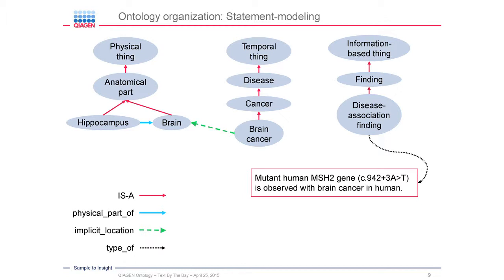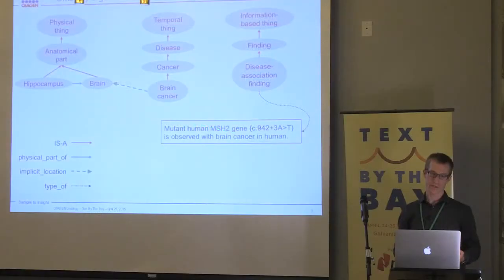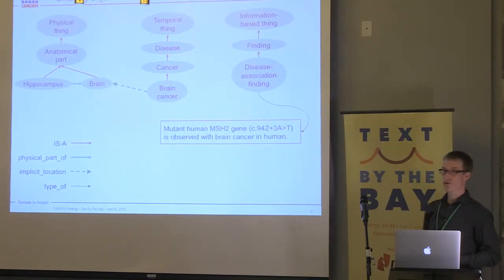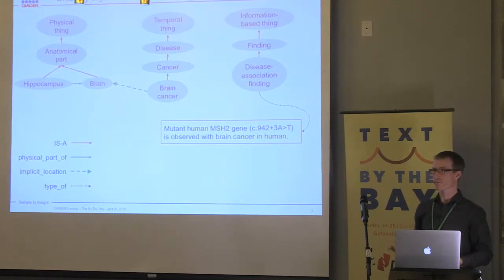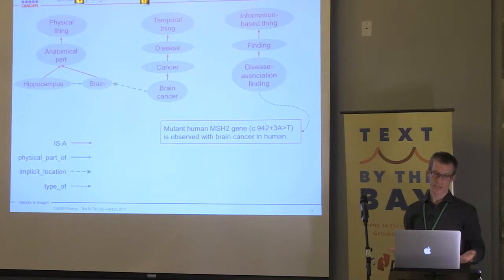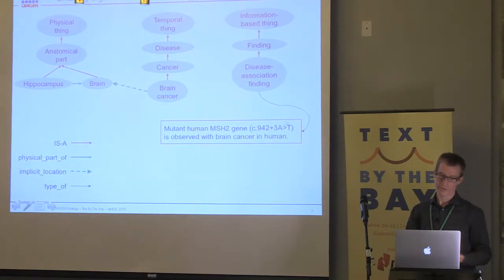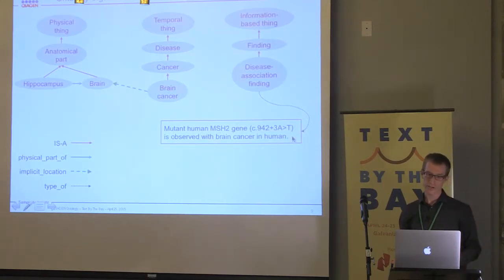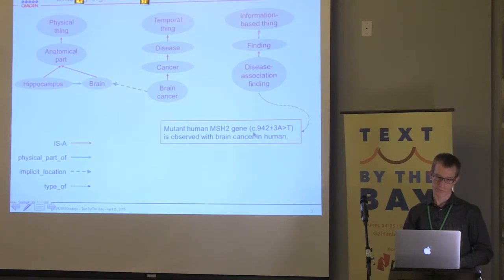So we might have a finding that, although it isn't structured as simple text like this, we can generate text reflecting the meaning of this finding. Some mutant human gene, in this case MSH2 is the name of the gene, and we know the particular mutation, and this is a particular jargon that you'll be familiar with if you're familiar with genetic mutations, but suffice to say that this describes a particular genetic variant.